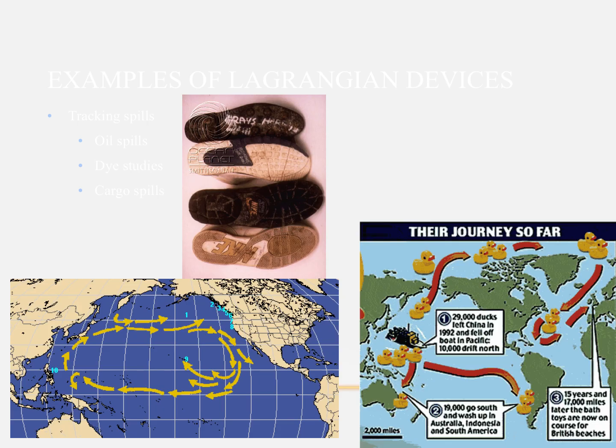Another way of tracking spills are cargo spills. So I'm going to give you guys a couple of examples. These are also completely accidental. So in 1990, 5 containers with 80,000 Nike sneakers were knocked off of a ship coming from Korea.